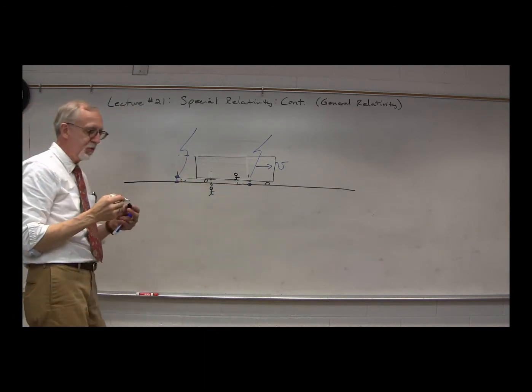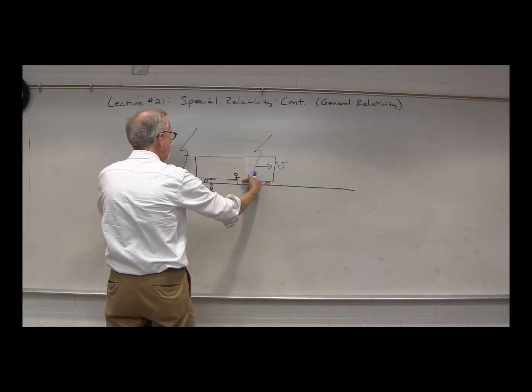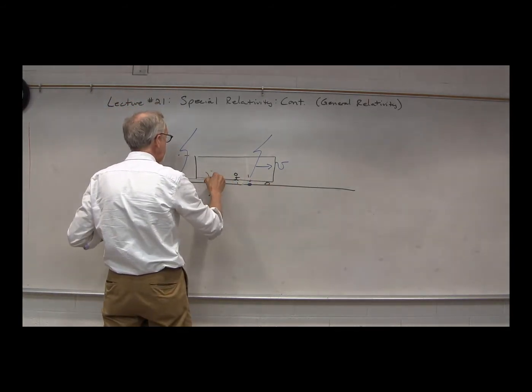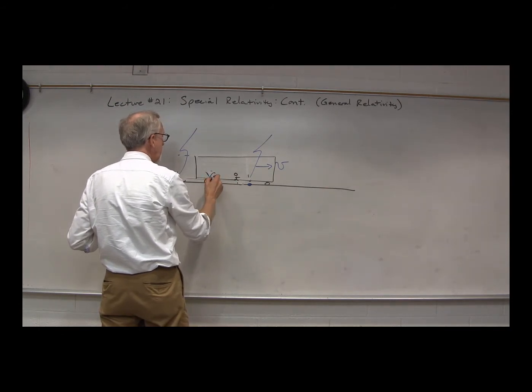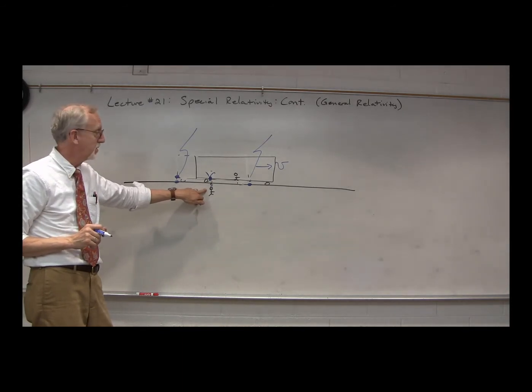Let's say the train has moved over here by the time the light waves from the 2 events have come together and meet here. We know that those waves meet at that point, so that this person says they're simultaneous.